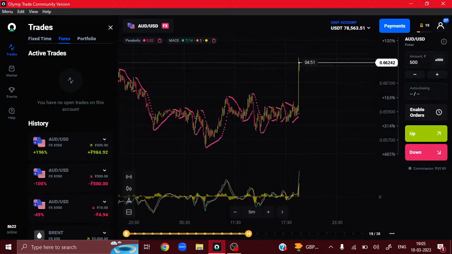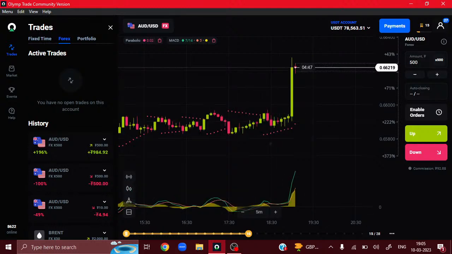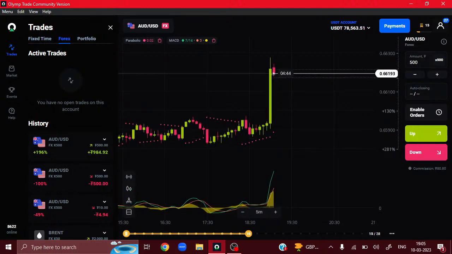Guys, do let me know in the chat box if you are still holding the trade. If you are willing to take risk, then you can shift your stop loss to 0 and hold on to your trade. It all depends upon your risk appetite. How much risk are you willing to take? Whosoever is still holding the trade, please mention in the live chat what is your current stop loss level.